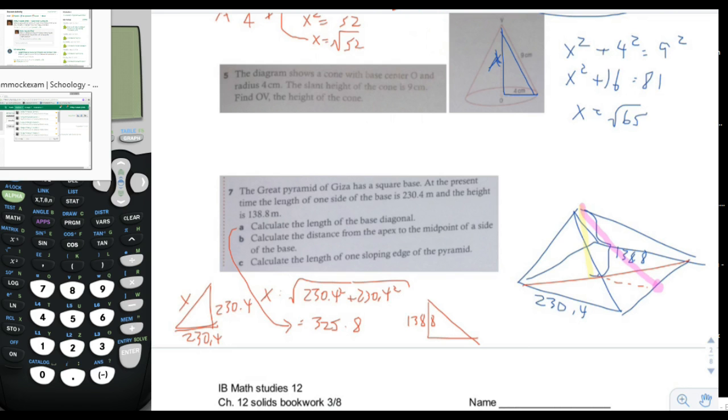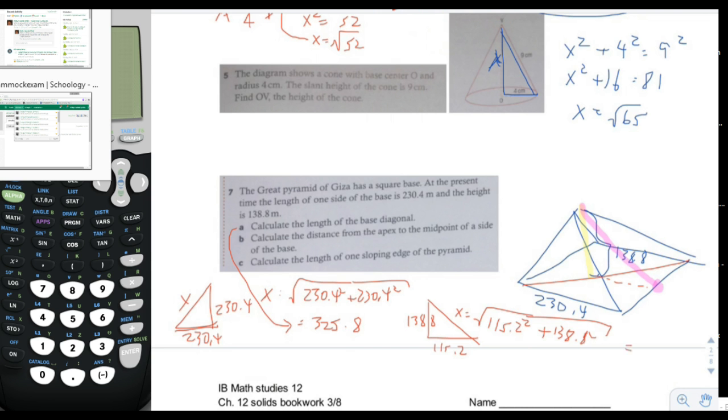And the red dotted line here is half of 230.4. Half of 230.4 is 115.2. So now we just use Pythagorean's theorem again. It would be the square root of 115.2 squared plus 138.8 squared. Okay, that would be the pink length here.